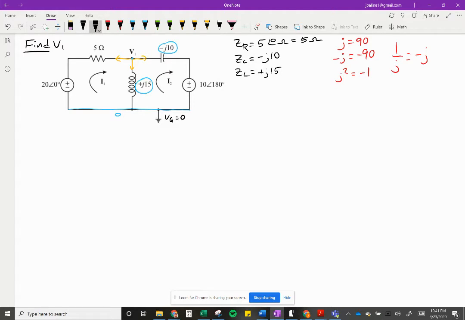Okay, so let's do this nodal equation. Remember we're going to go from start to finish.